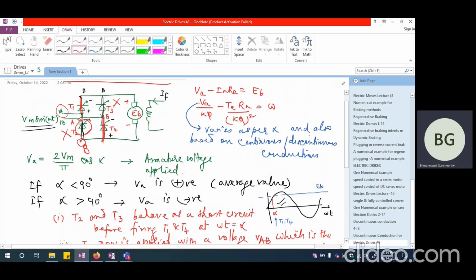And this VAB becoming positive will be valid only until alpha equal to pi. So if I have a firing angle greater than 180 degrees, the commutation of T3 and T2 will fail.